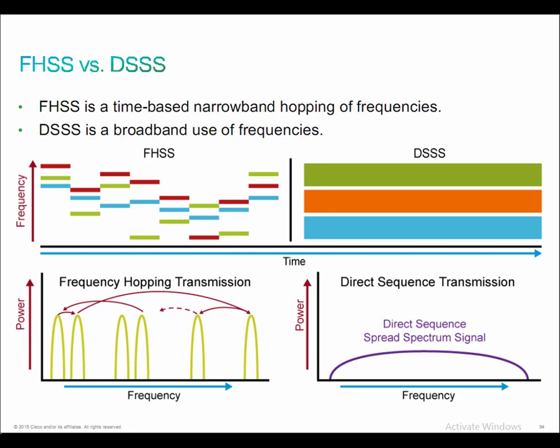It really goes into the physics of this spread spectrum technology. The 802.11b specification was the first one that introduced DSSS. There are several different components of DSSS. Let's talk about one of those components now, which is what we call Barker encoding.